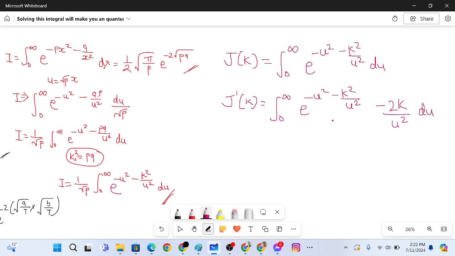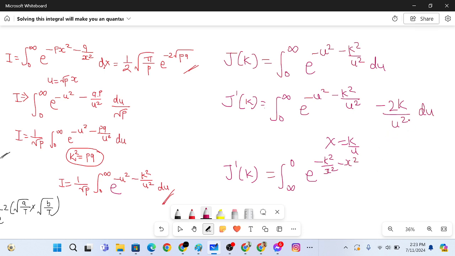Now the benefit of doing this is, if I let x as k by u, now what I will get is, this thing cancels out, and these two will interchange. Also J prime of k will be the integral from, now this is from infinity to 0, e to the power, now this will be minus k square by x square and this will be minus x square.